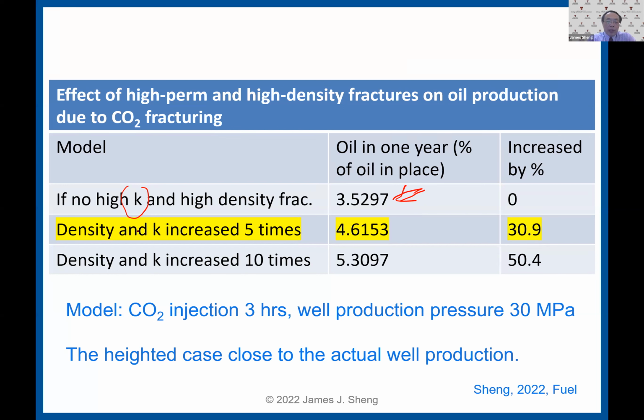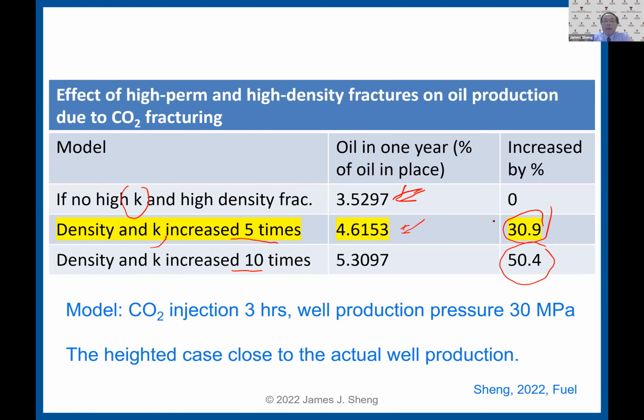Then I increased the permeability and fracture density by 5 times. Now this is the oil recovery, and the increase is 30.9%. Then if I increase permeability and fracture density by 10 times, the oil recovery is more than 50%.